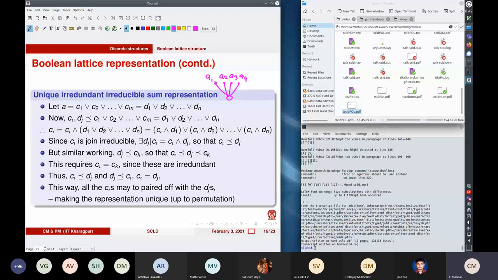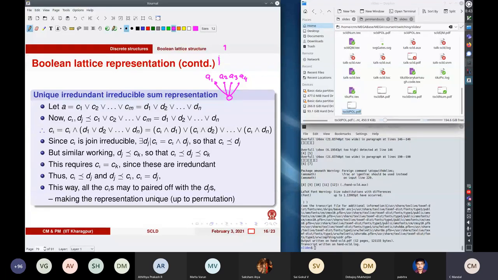All these atoms are irreducible. But you have a 1 somewhere out here. So the question is, is this possible?